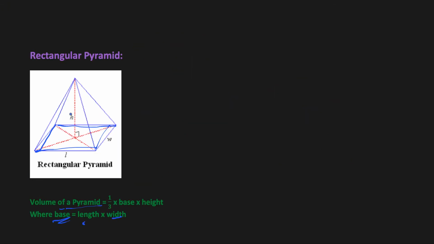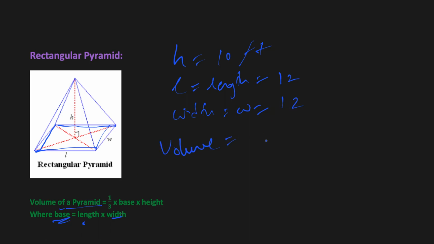So let's say for this rectangular pyramid, our height is 10 feet, length L is 12 feet, and our width W is also 12 feet. The way we'll calculate volume for this rectangular pyramid is 1/3 times base, and base is length times width, so length is 12, width is 12, and height is 10.